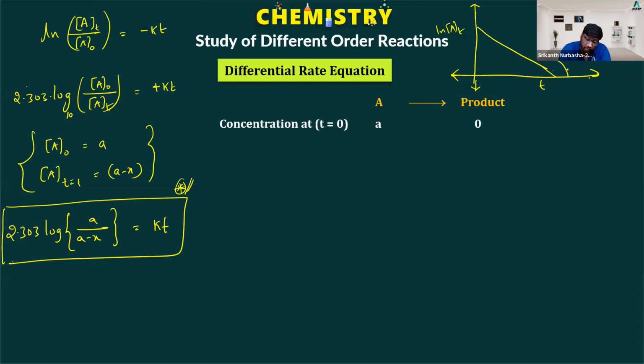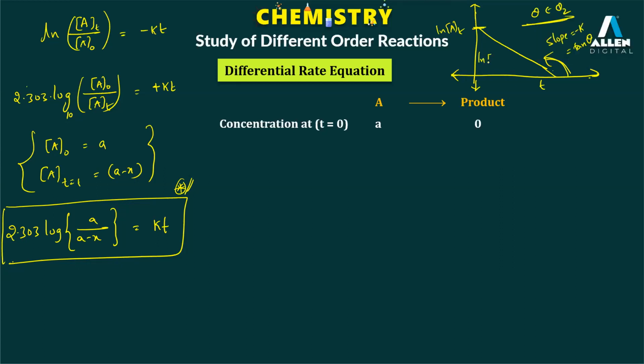So slope is equals to what for this straight line? Minus k. Slope will be is equals to minus k. That will be is equals to tan theta. So theta belongs to quadrant 2. And what is the y-intercept? ln a naught. Very good.